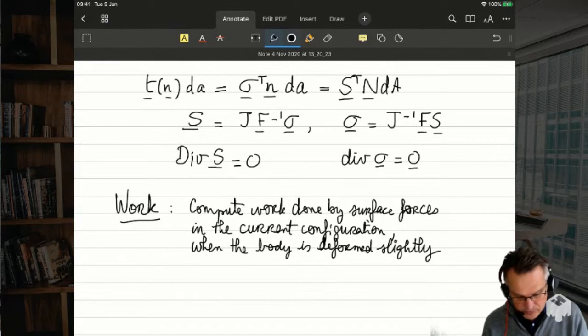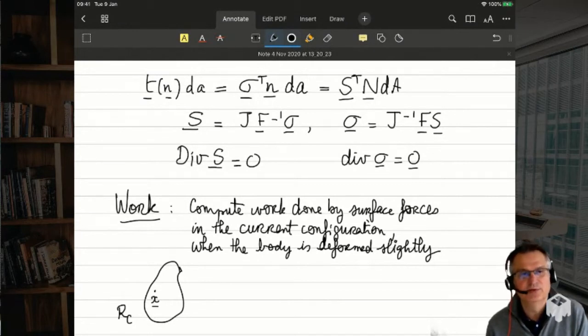So in our case, we have a body already in the current configuration, and any generic point in the body has a position x.